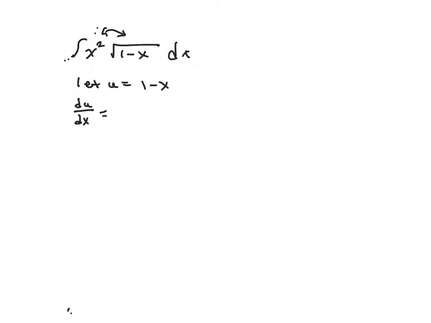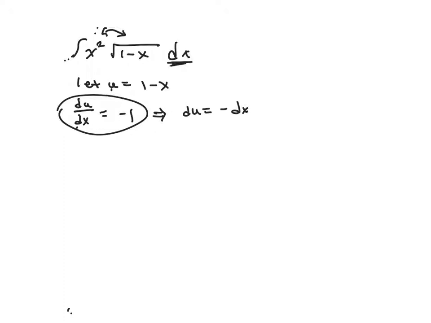So if I take the derivative of my expression u here, the derivative of u with respect to x is just -1. Okay, that's pretty easy. But you'll notice here that one of the things I'm going to have to get rid of is that dx. So I want to isolate dx here, and I can treat this like an equation, and I'm going to multiply both sides by dx, and I get du equals negative dx.